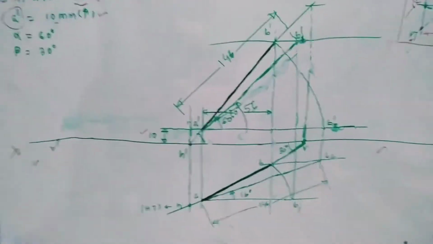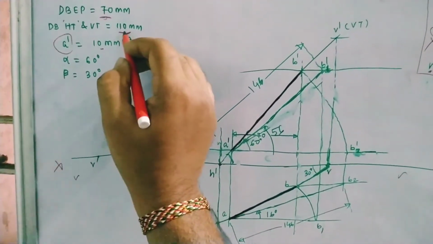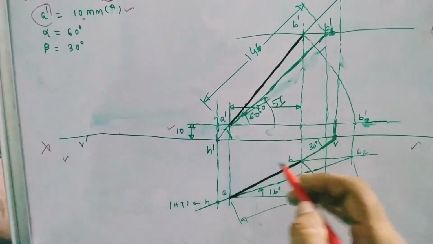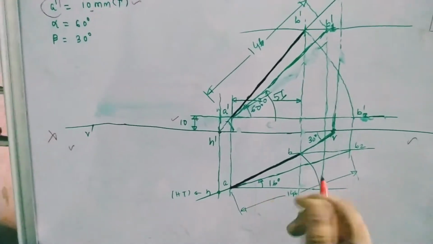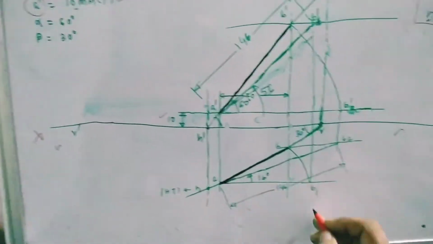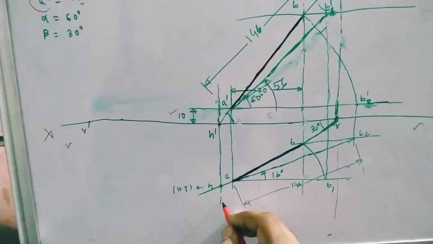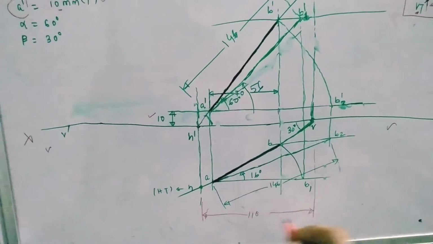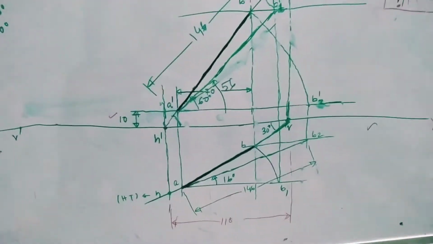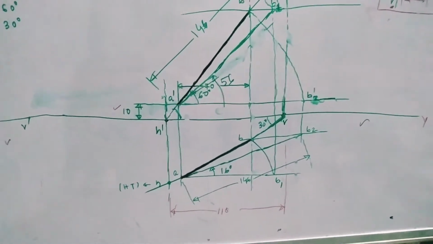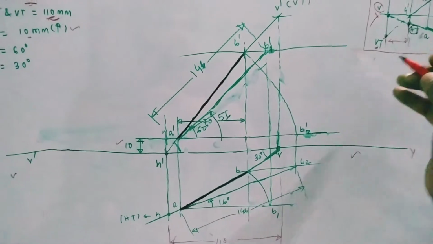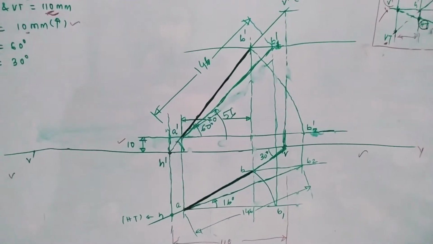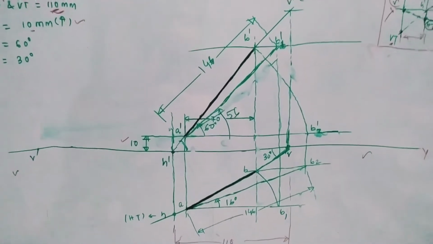So that distance must be equal to 110 mm. I am marking 2 points here, on this side 110 mm. This distance is 110, and likewise this distance will also be 110. Next, if this is S dash, I need to find out the front view.